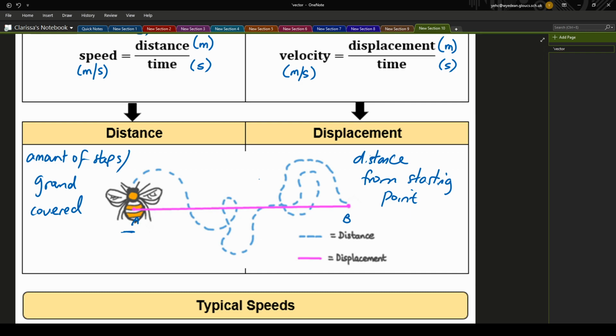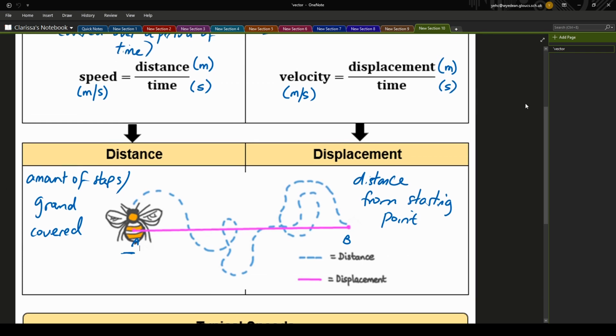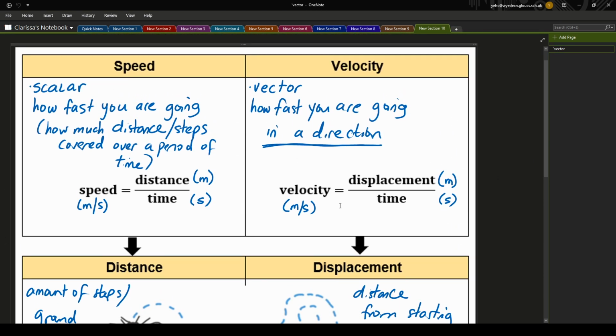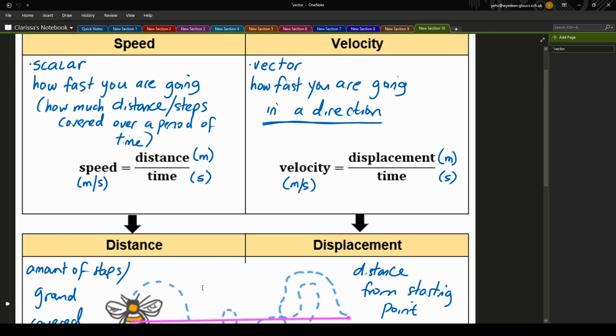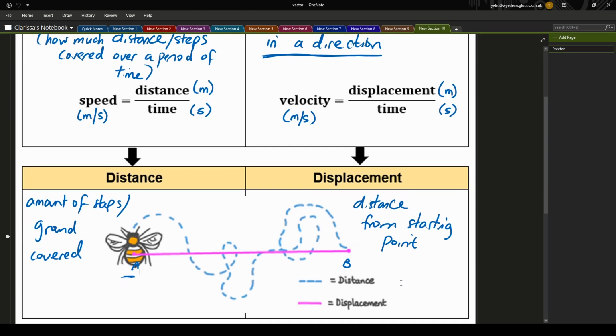So displacement is a measure of distance from its starting position. If you notice, our velocity equation is displacement over time. So what happens then if you run in a circle? Say you're on a track.